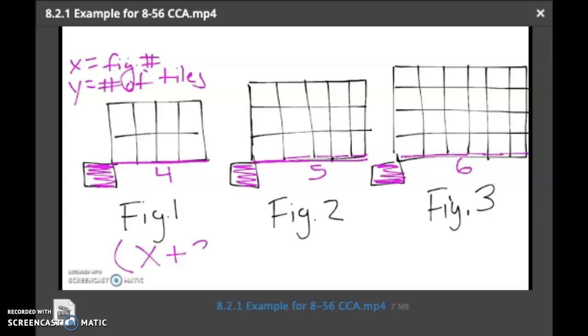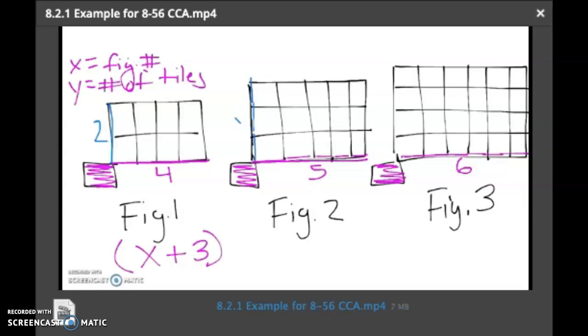X plus 3. And I'm going to do the same thing, and I'm going to look at the height of that rectangle, my other dimension. So in figure 1, this has a length of 2, which is 1 more than the figure number. In figure 2, this side length is 1, 2, 3.